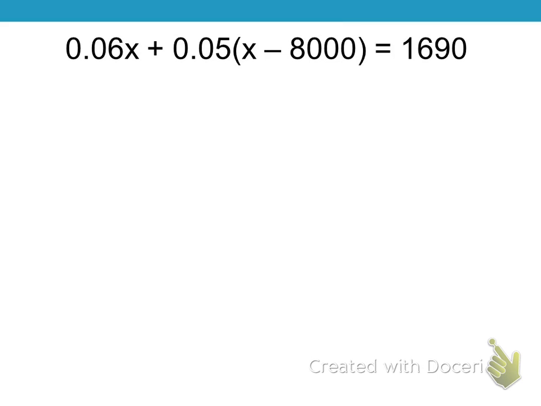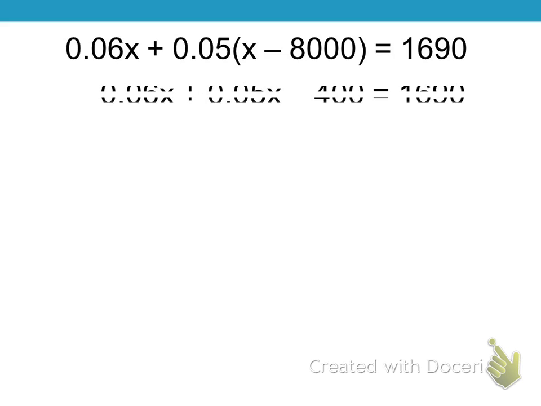I need to distribute. Anyone know 0.05 times 8,000? 400. So keep the 0.06x. We distribute the 0.05 times x is just 0.05x. 0.05 times 8,000 gives me 400. And that's going to equal 1690.